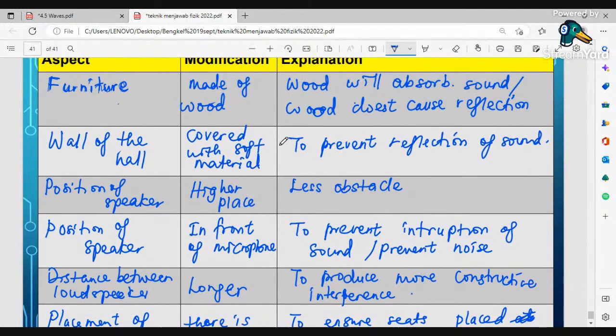So for this one, how many suggestions are there already? 1, 2, 3, 4, 5, 6. Okay, the more the better. So minimum should have 5 suggestions, 5 suggestions plus 5 reasons or explanations in order for you all to get full marks, 10.